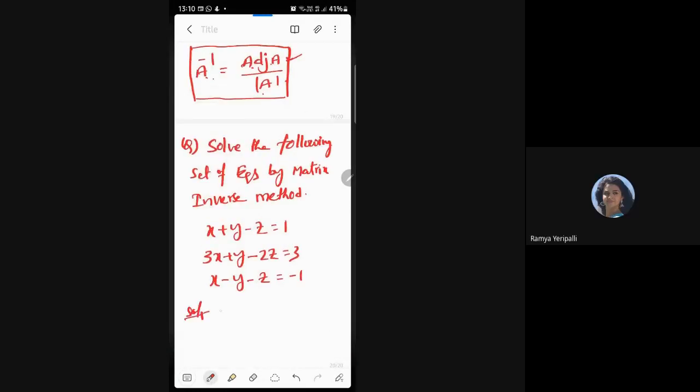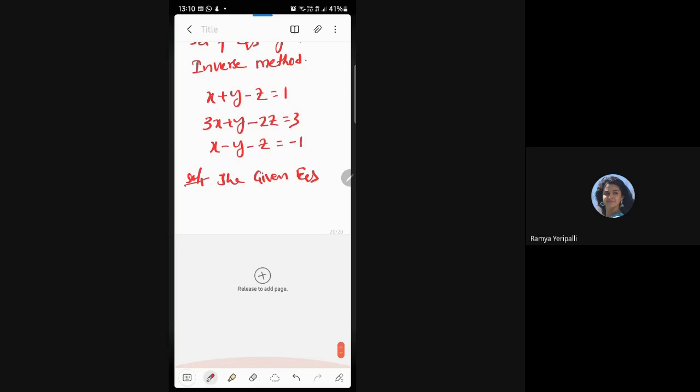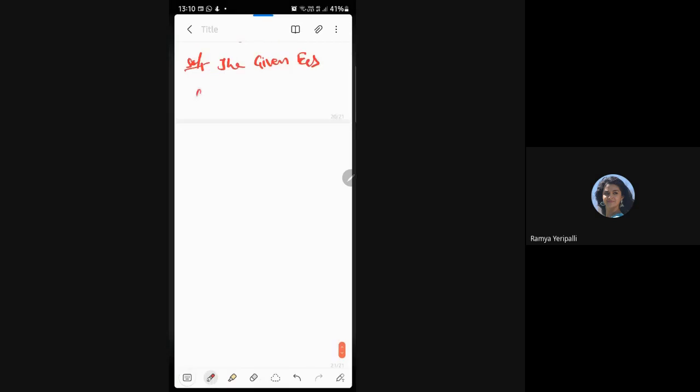Any doubt, Amma? The given equations are in the form of AX is equal to B. So coefficients matrix A is equal to, now tell me what are the coefficients. From the first equation we can write 1 1 minus 1.